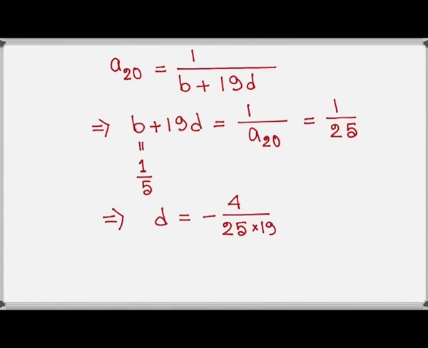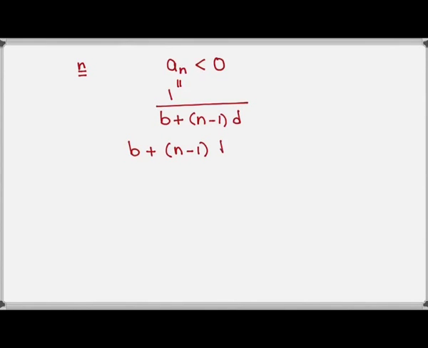Now our job is to find out the least positive integer n so that an is strictly less than 0. As an is 1 by (b plus (n minus 1) into d), we shall find out the least positive integer n for which b plus (n minus 1) into d is strictly less than 0. We know b is equal to 1 by 5 and we also know the value of d.